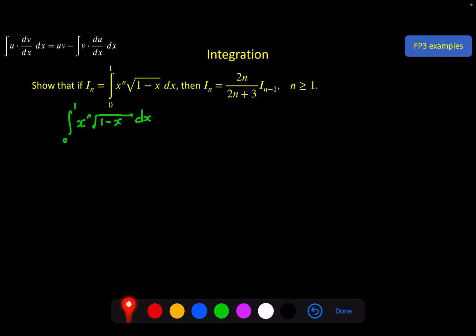So I'm going to make x to the n u. Try and save space, I'll do that up the top here.